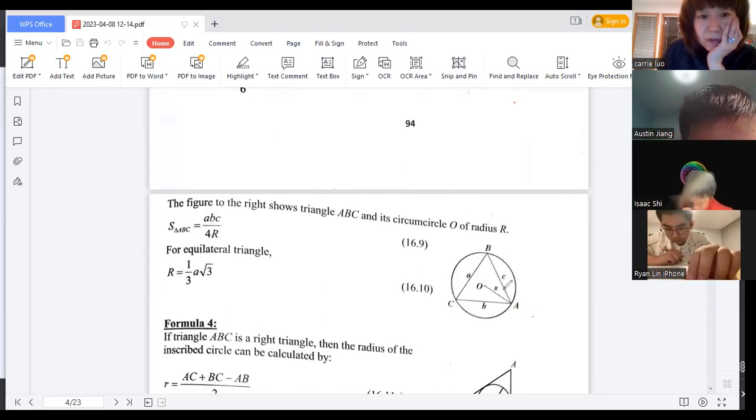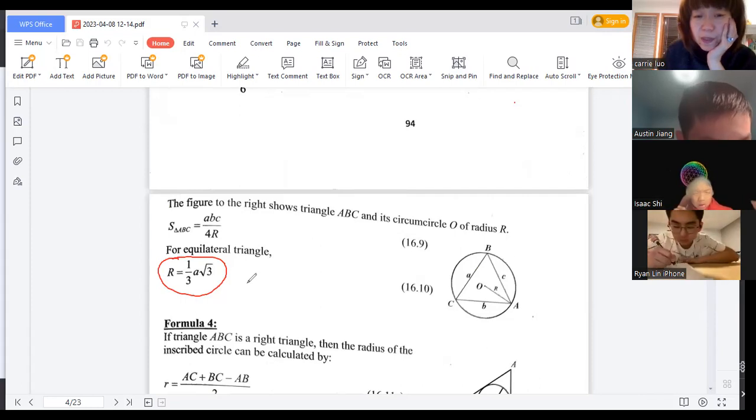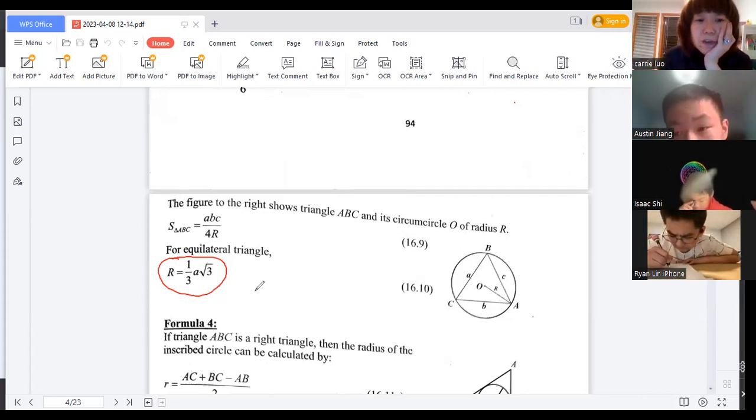We know triangle ABC has an area of A times B times C divided by 4R, where R is the radius of the circle. And for the equilateral triangle, this radius can simply be rewritten as R equals 1 over 3 times A times square root 3. You don't have to prove how to get the formula. All the formulas right now, you can directly use.